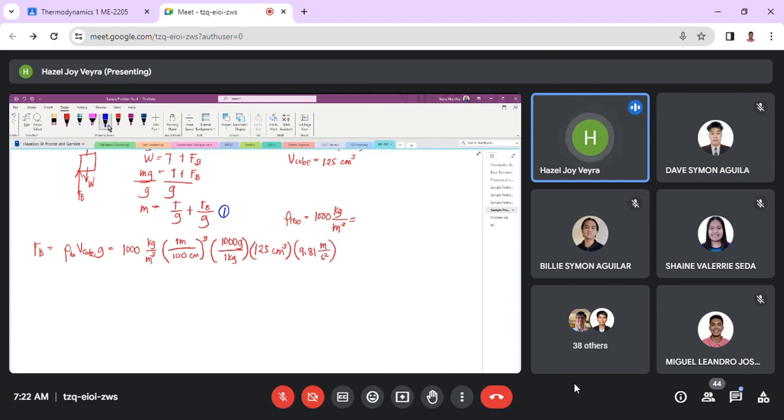So, cancel tayo. Cancel na si kilograms. Makakancel na rin yung centimeter cubed. Ano pa? Ito, magiging cubed na lang.